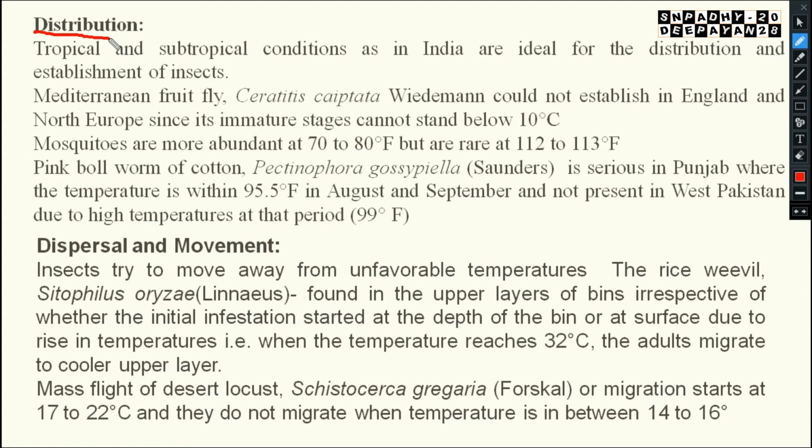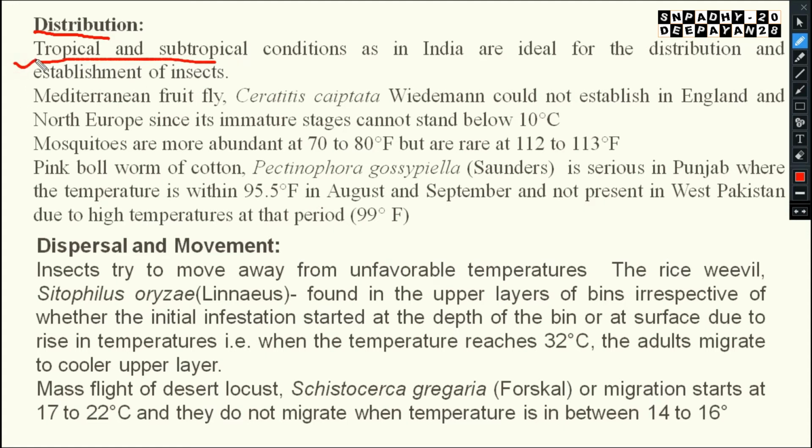Okay, but in the temperature zone of tropical and subtropical conditions, due to the fluctuation of temperature, the distribution and establishment of insects is successful. That is ideal for the insect establishment. Okay, just like your Indian condition.